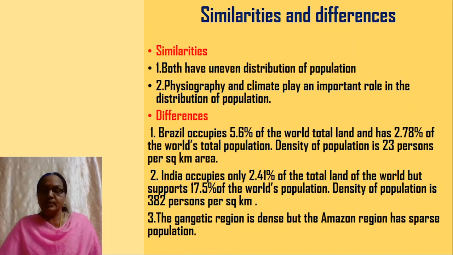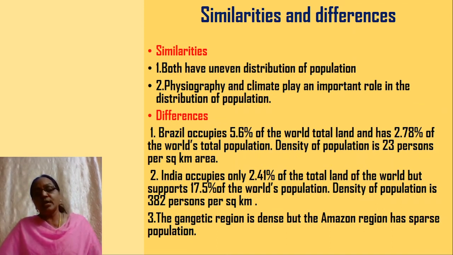The reason is the soil is fertile, the land is flat, the climate is favorable, and transport facilities are easily available. Roads and railways can easily be developed. Industries are developed along these regions and they provide employment to many people. And that's the reason why we find density of population being more in the Gangetic region.